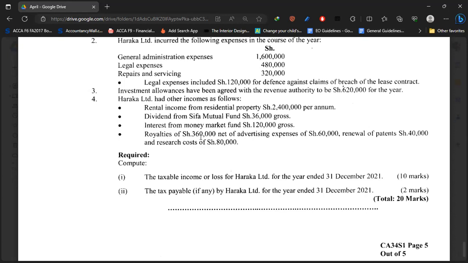Required: compute the taxable income or loss for Haraka Limited for the year ended 31st December 2021, and the tax payable, if any.